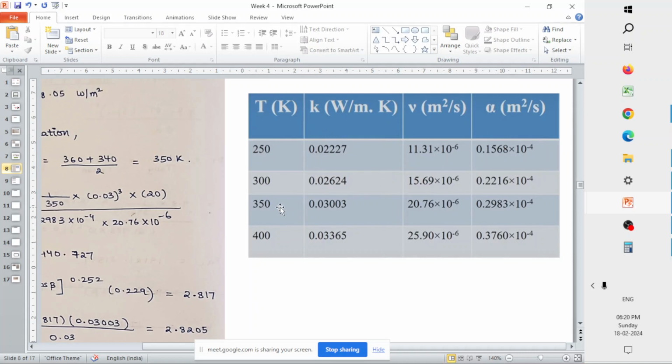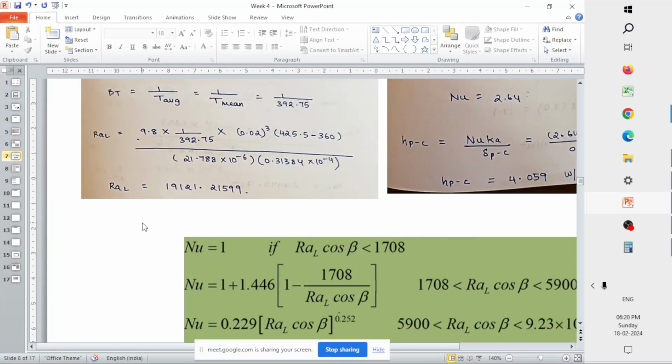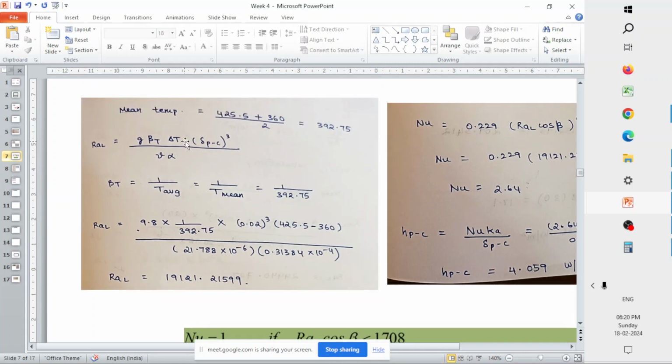From here you are supposed to calculate the value of mu and your momentum diffusivity and thermal diffusivity. Those values will be around 21.788 into 10 power minus 6 and 0.31384 into 10 power minus 4.